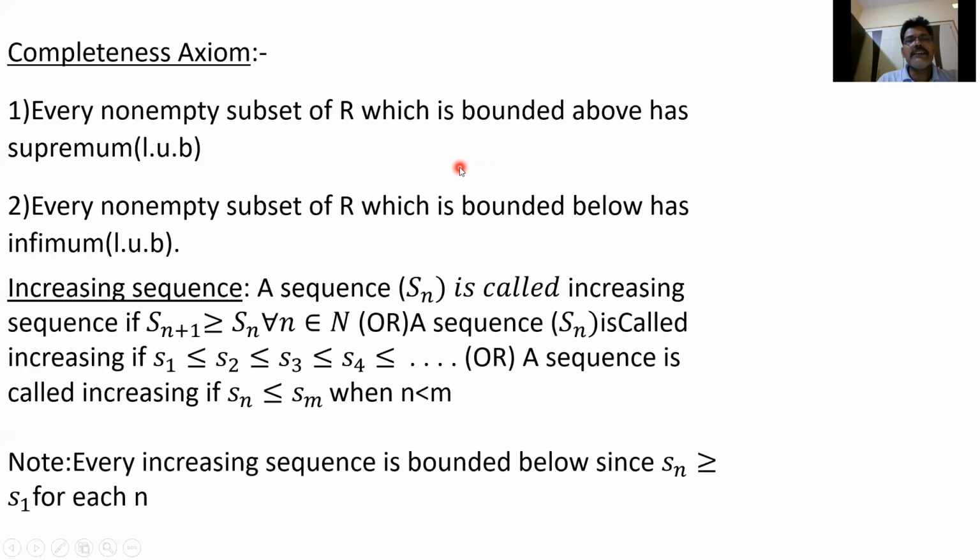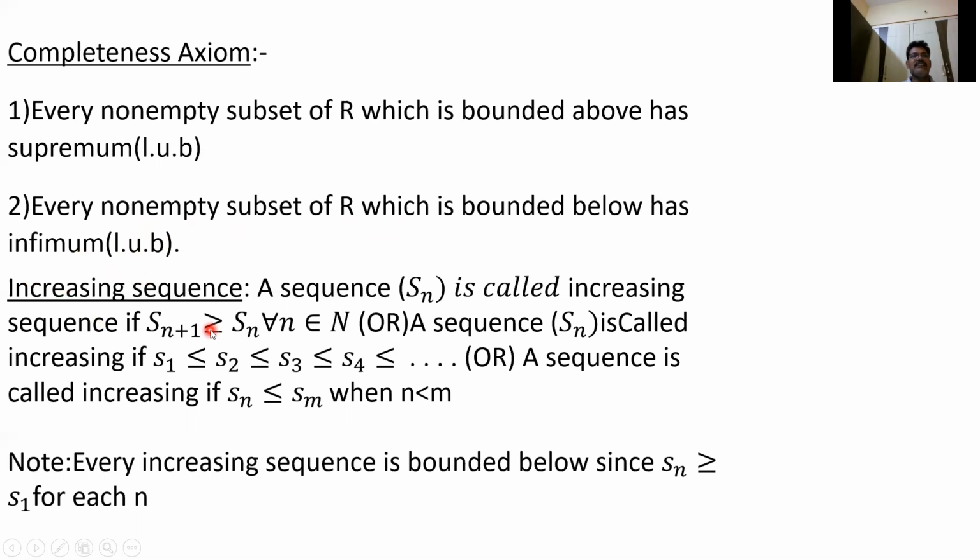Similarly, every non-empty subset of R which is bounded below has an infimum. Supremum means LUB, least upper bound, and infimum means GLB, greatest lower bound. Every non-empty subset of R which is bounded below has an infimum, that is, the greatest lower bound.